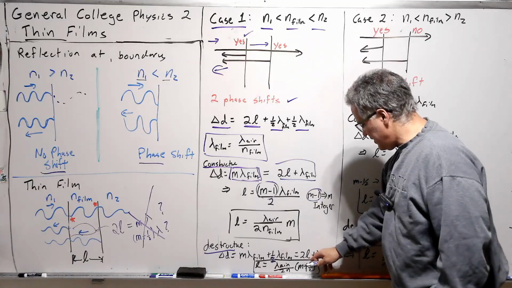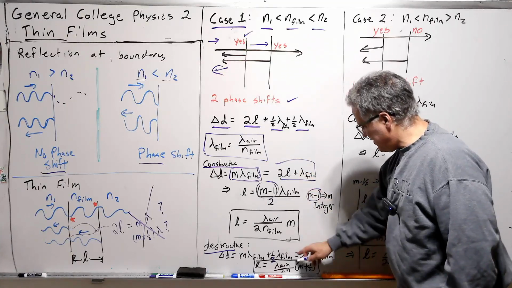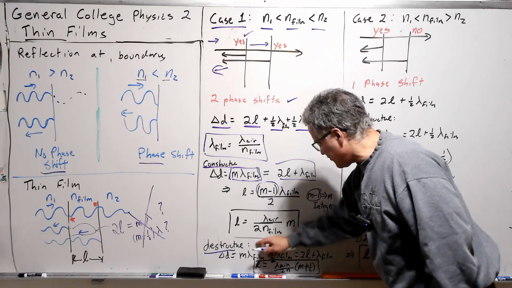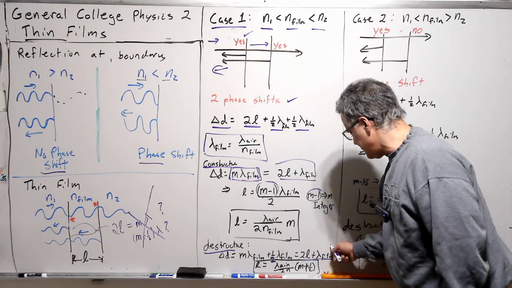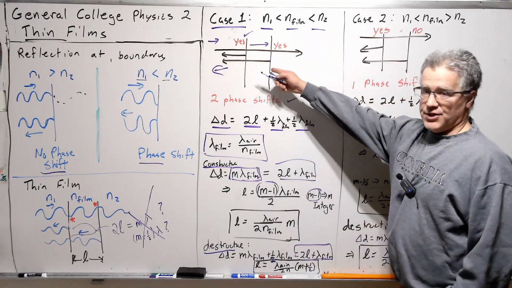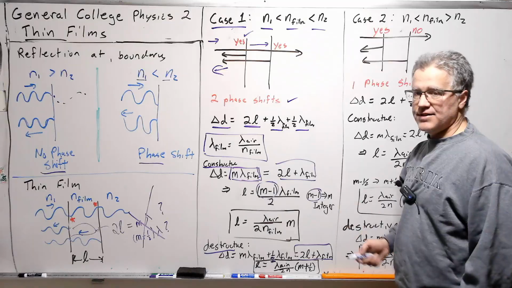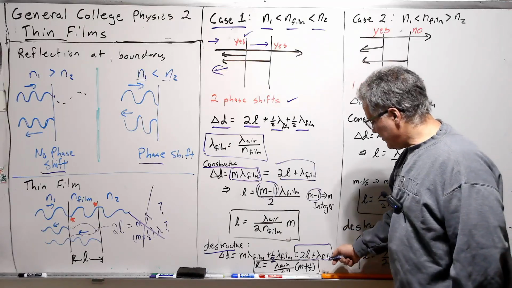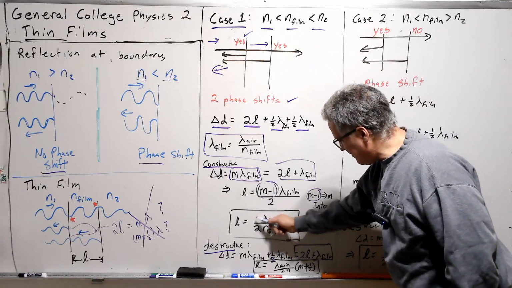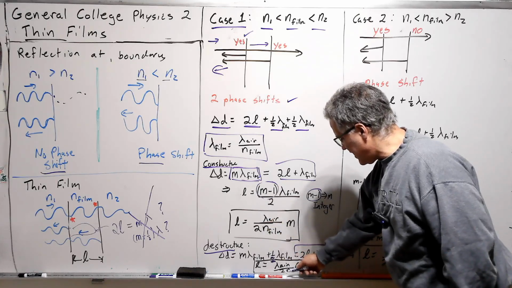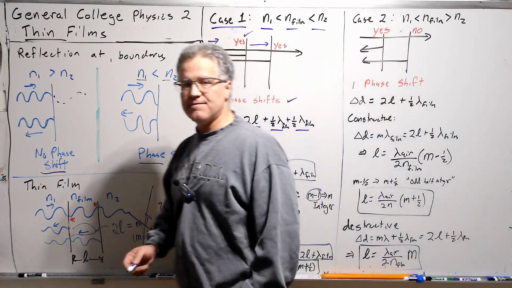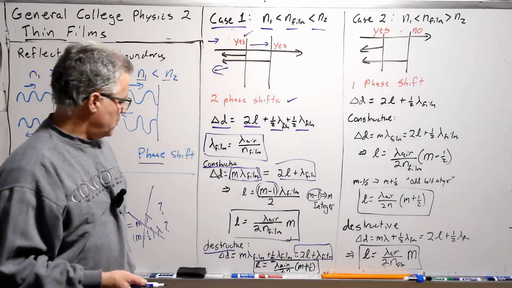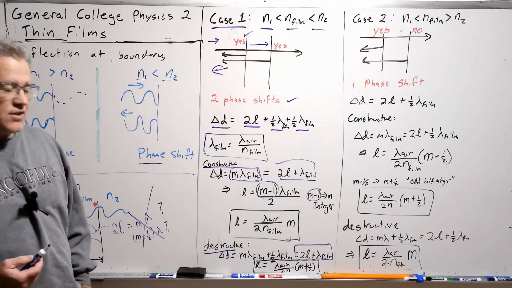This is coming from the desire for a destructive case. And then this is what we got for this particular case, the 2L and the 2 phase shifts. So we solve for that, and we get this same fraction, lambda air over 2n, and then m plus 1/2. Okay? So that's for destructive interference.